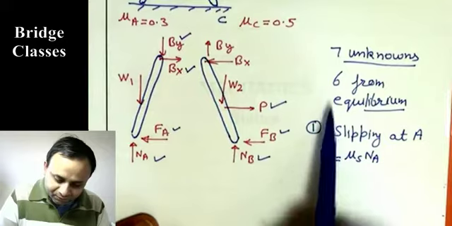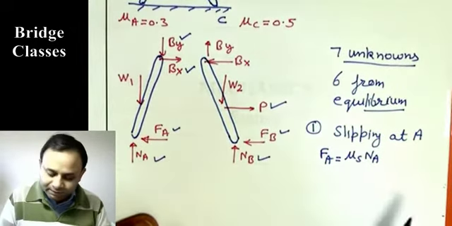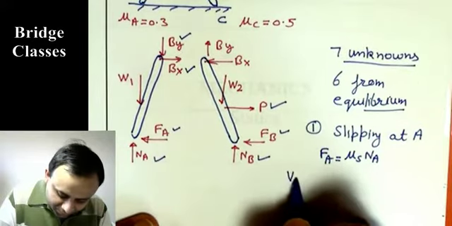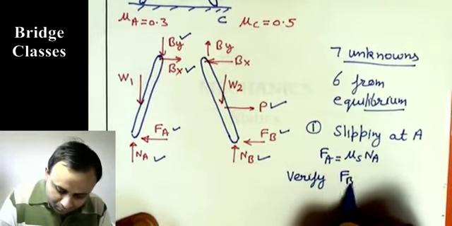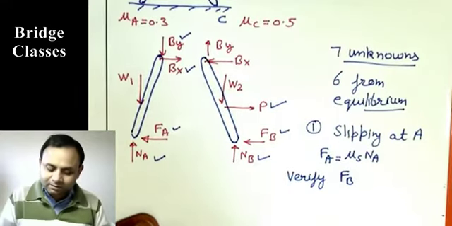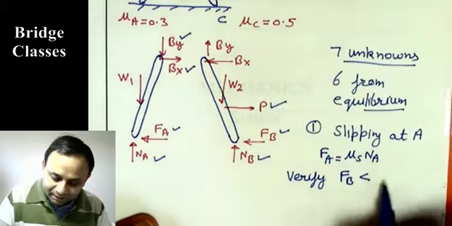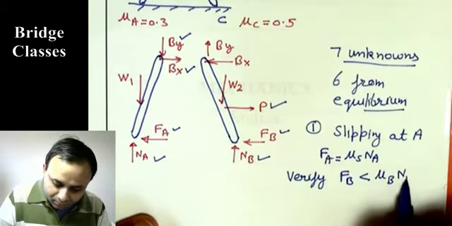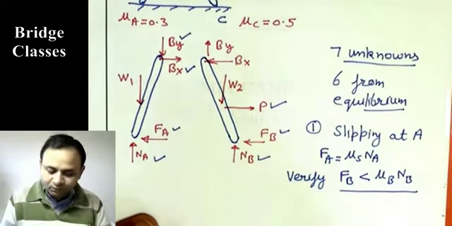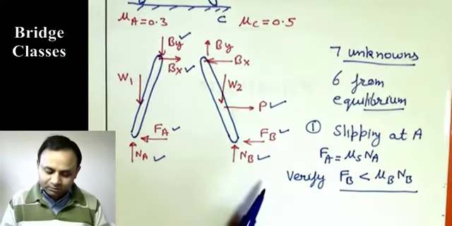So we now have 7 equations, 6 from equilibrium and 1 this. We have 7 equations, 7 unknowns, we can solve. But we'll have to verify that Fb after calculations is less than Fb max, and Fb max will be mu b Nb. We will have to verify this. Then our assumption that there is slipping at A is true.